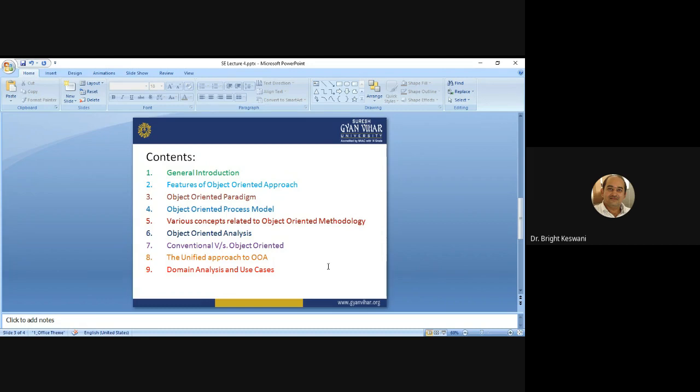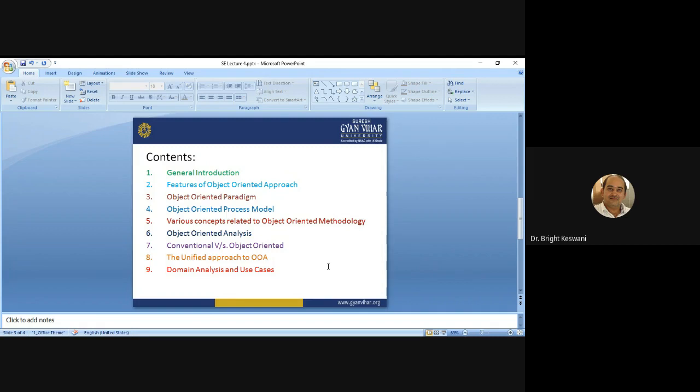The first feature is that object-oriented technology uses the concept of reuse. This was a problem in the 1960s that is resolved with the object-oriented approach, because before the concept of software engineering, the reusability of software was not there.